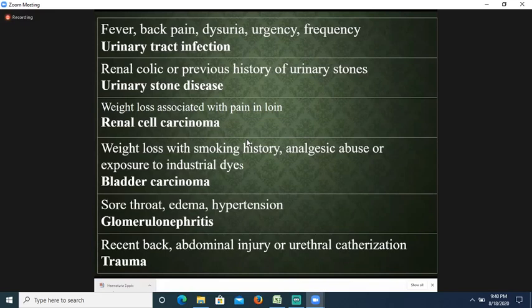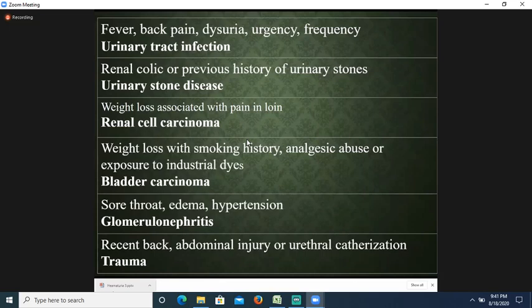Somebody with weight loss who smokes, maybe 40 cigarettes a day for the last 30, 40 years, or somebody who has been going to GPs or quacks to get painkillers, and is using a non-steroidal anti-inflammatory, not the other group, not paracetamol, but diclofenac sodium, which comes under names like Diclowin. If it is used for a long time, which means he or she takes it every day for at least 5 to 6 months.